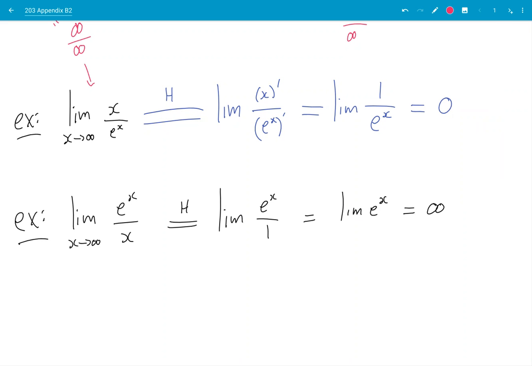I want to emphasize that you always have to check that you have something of the right form. Okay, it has to be infinity over infinity or 0 over 0. Otherwise, you cannot use L'Hopital's rule.